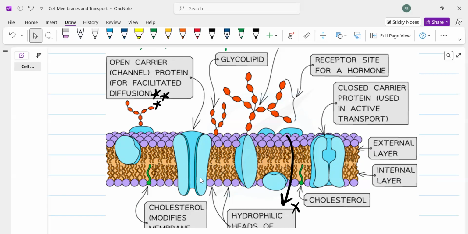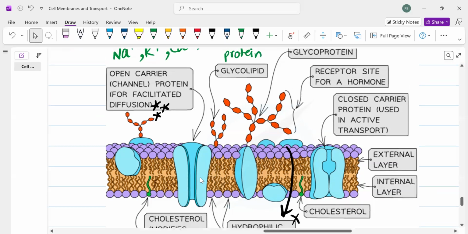Like I told you, calcium, sodium, potassium cannot directly cross the cell membrane. They need specific gates, they need specific channels.